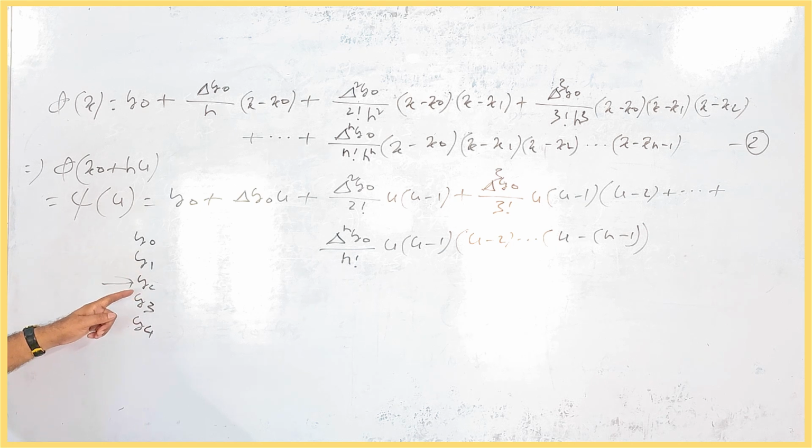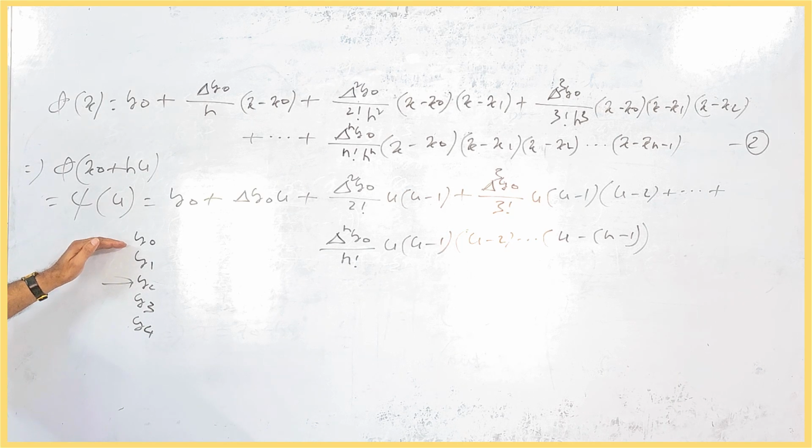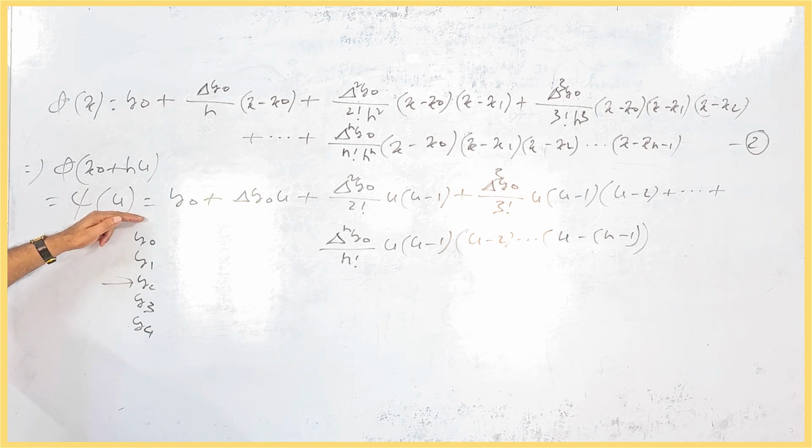For values below y2, we have to use Newton's backward interpolation formula. Always keep in mind that Newton's forward formula is used to compute values in the upper half of the given table, or sometimes before the initial value of the given function. So this is Newton's interpolation formula.